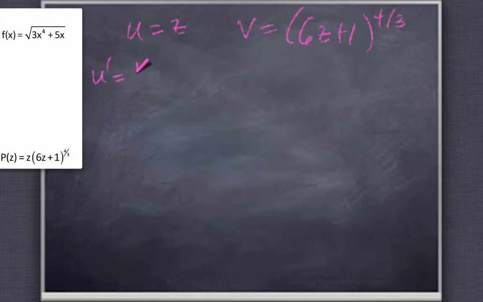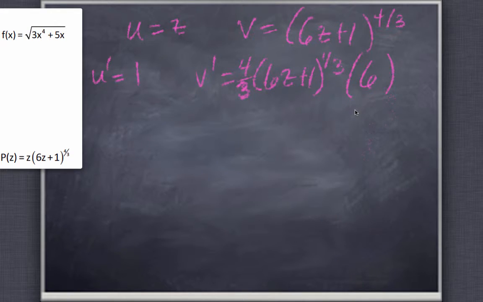U prime is 1. V prime is, bring down the 4/3. Leave the chocolate alone because we haven't gotten to it yet. 4/3 minus 1 is 1/3. And now we're to the chocolate, so now we have to differentiate the chocolate. 4/3 times 6 is 8.